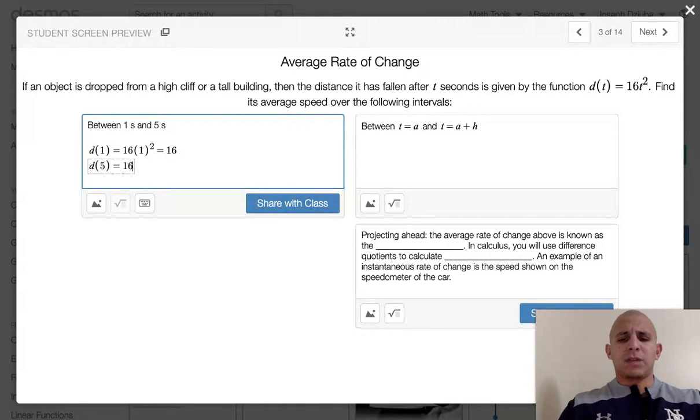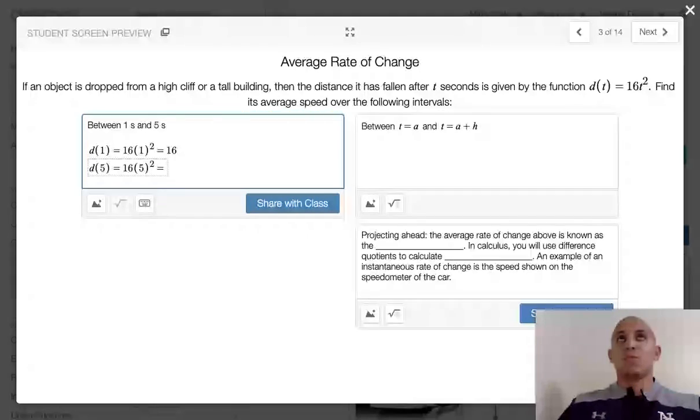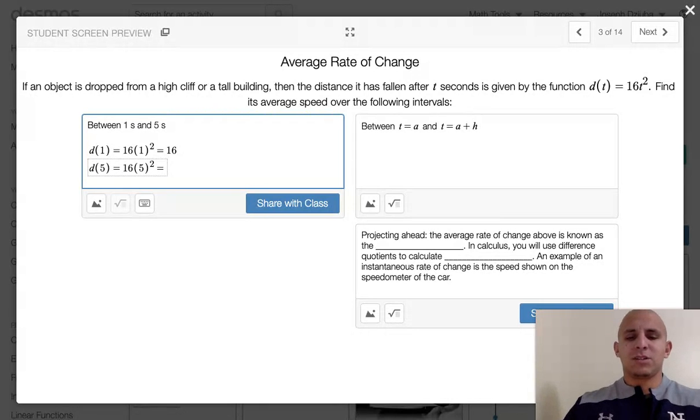We would replicate that process, substituting those values into the variable t in the equation. 5 squared is 25, and 25 times 16, I want to say, is 400. Don't quote me.